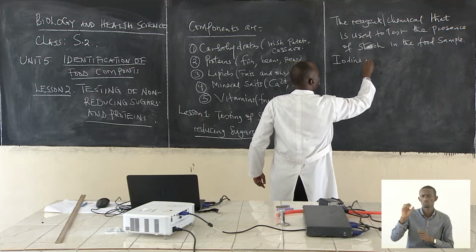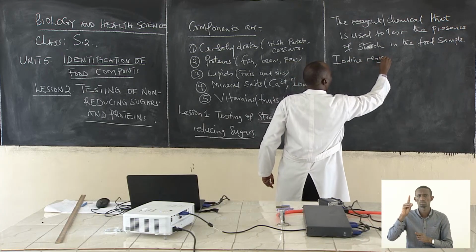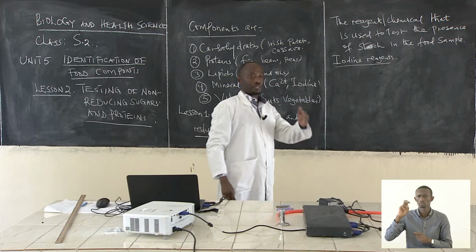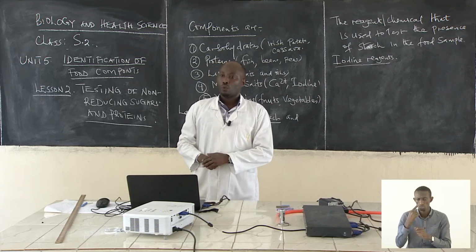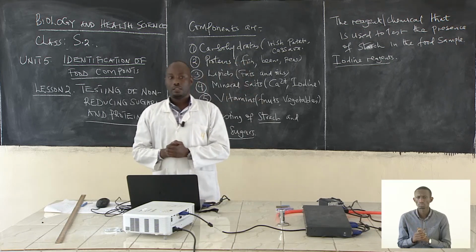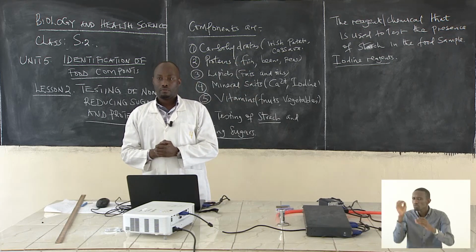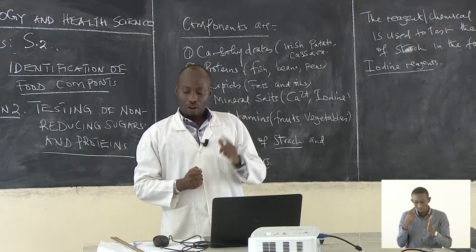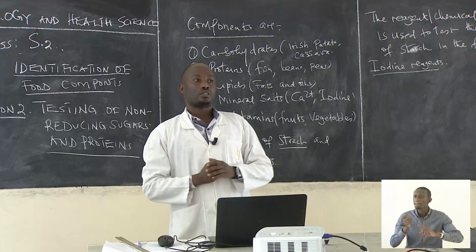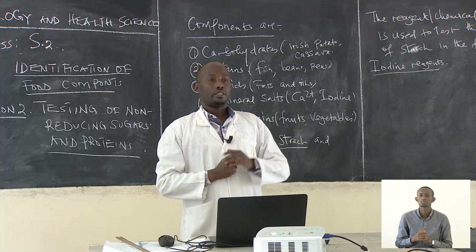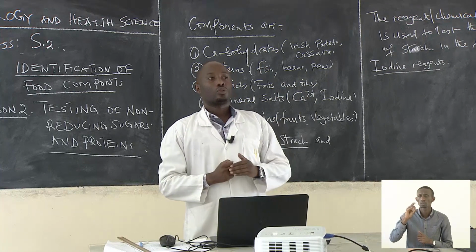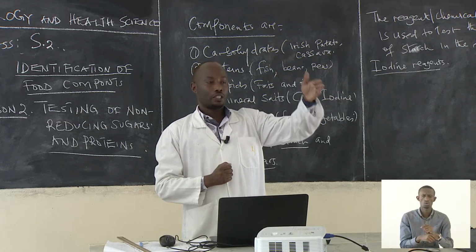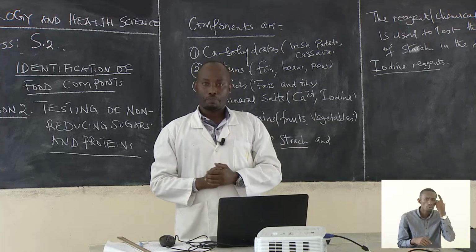Iodine reagent or solution. Once you use the iodine solution, of course, you are testing the presence of starch in the food sample. When the food contains starch, what confirms it? The iodine, which is brown in color, changes from brown to blue-black if there is a presence of starch in the food sample.